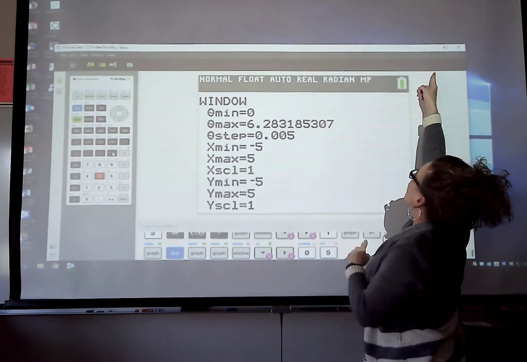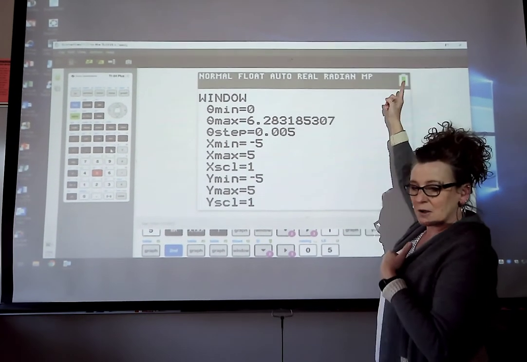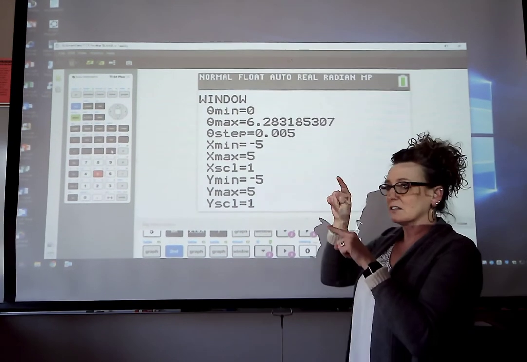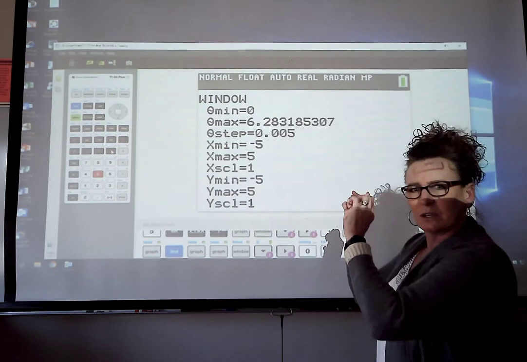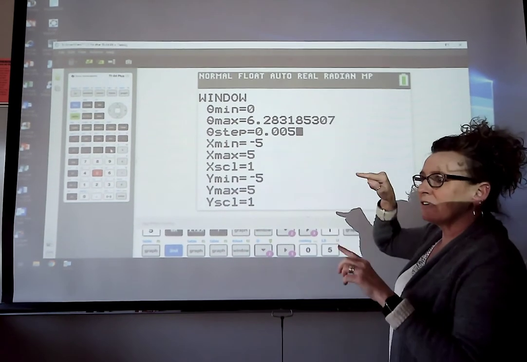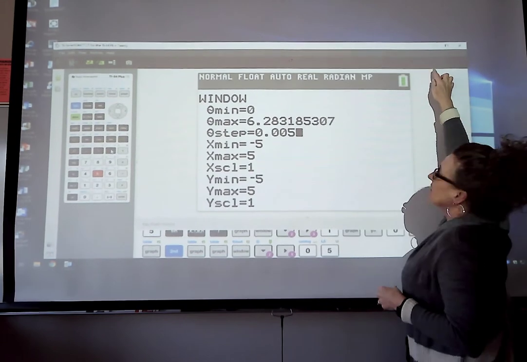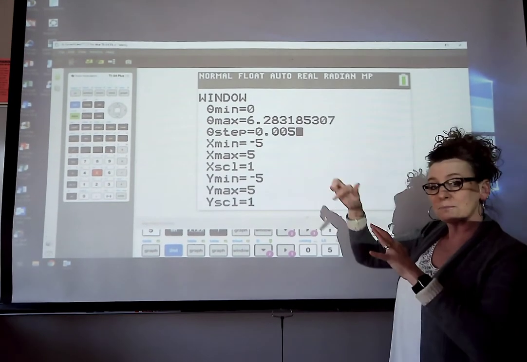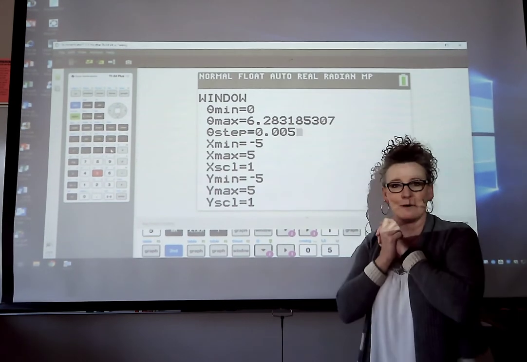And then look up in the top right corner of my calculator. I think you're going to see a little yellow circle, and it's going to go around and around to say, I'm still thinking, I'm still thinking. And when this little yellow circle stops spinning, that's my calculator's way of saying, okay, I'm finished.